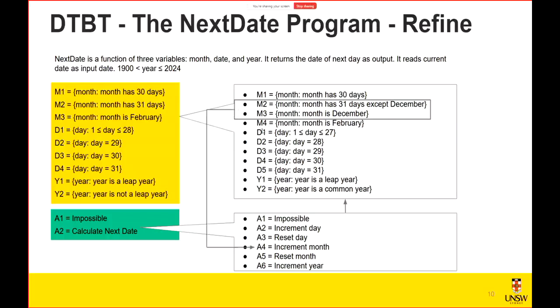So as I just mentioned, we need to consider the last month of a year. We need to consider the last day of year, and we are having two more conditions if we want to further refine our design of the decision table to capture more detailed behaviors of the program.